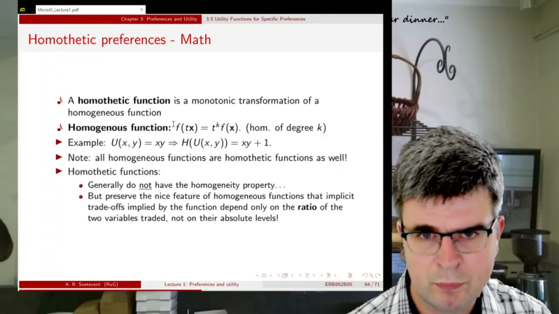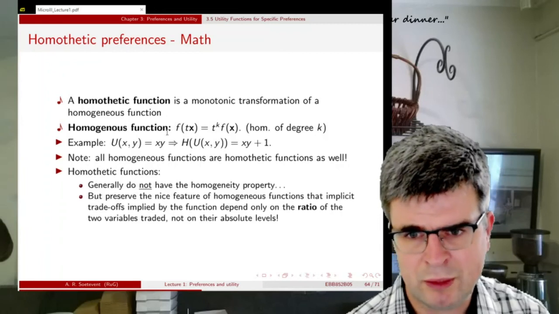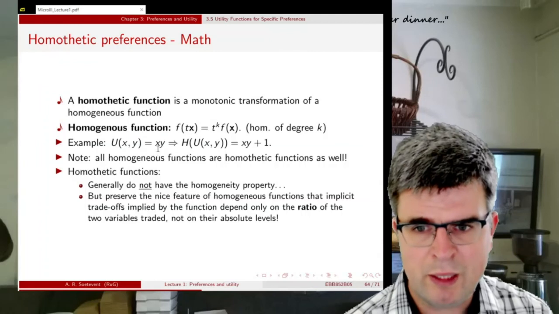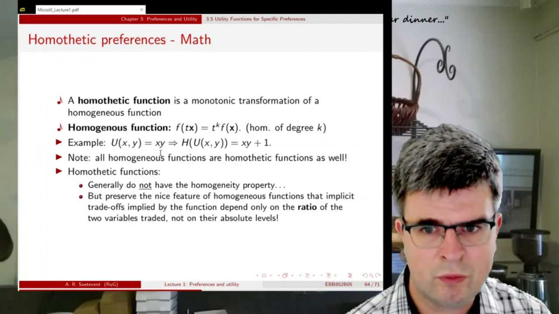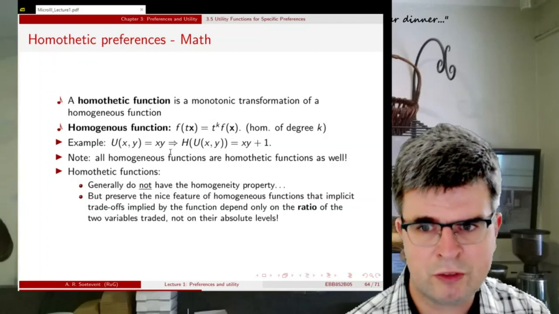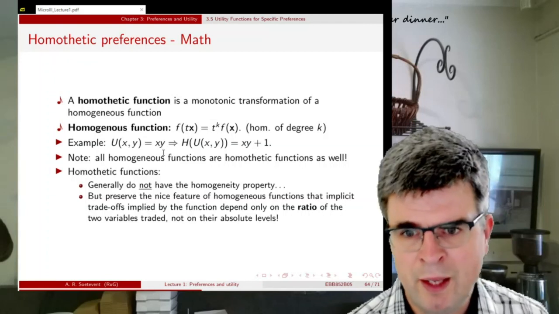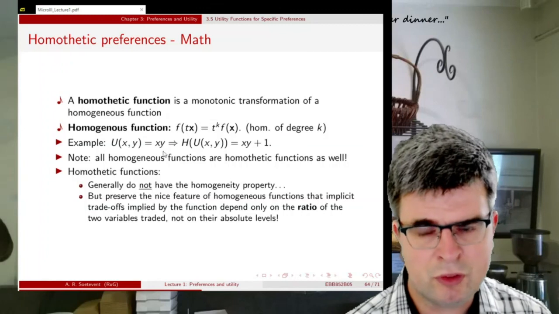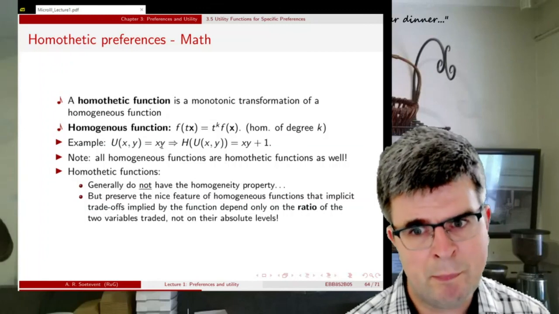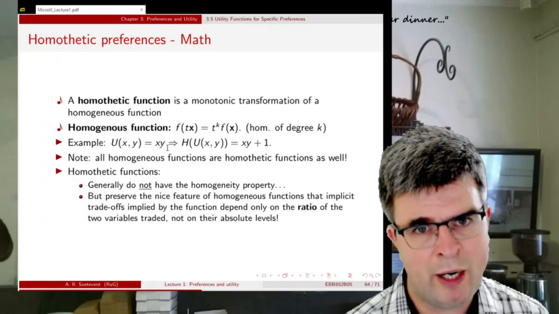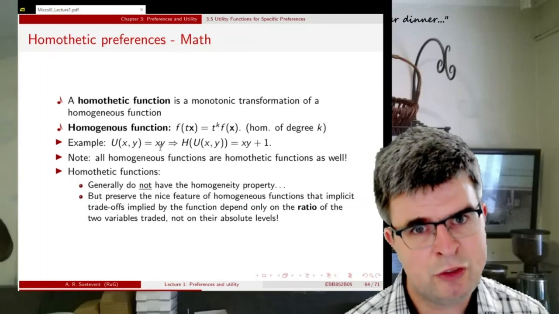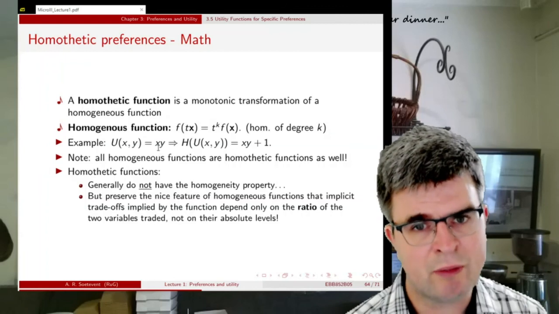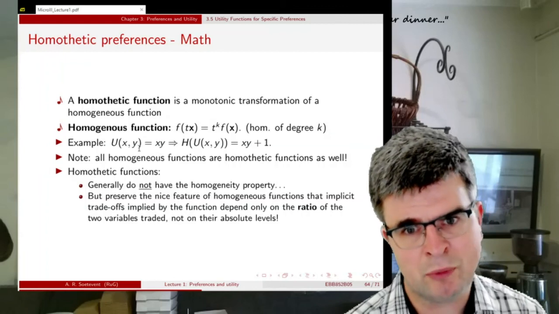Now, it works better with an example, so let me give you one. Here we have our familiar utility function, and the homothetic function is a monotonic transformation of a homogeneous function. This is a homogeneous function because if we multiply both the elements x and y with t, then we arrive at t squared times xy, so we arrive at t squared times the original function.